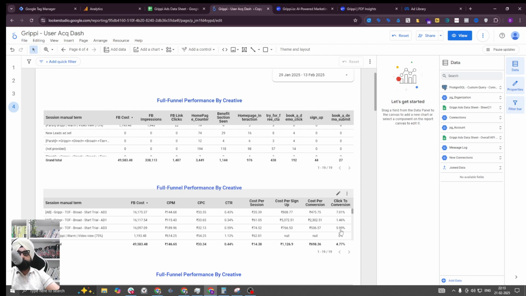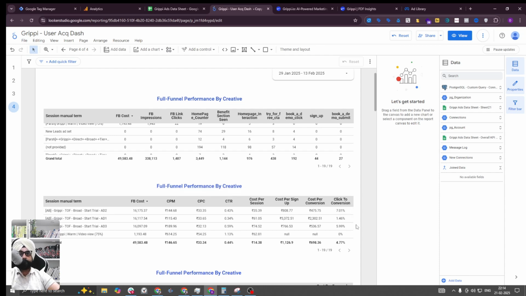Click to conversion rate, crazy gaps over here. In terms of click to conversion rate, ad 1 is having 1.46%, which is significantly lower than the conversion rate of ad 2, which is 7.01%. Okay.